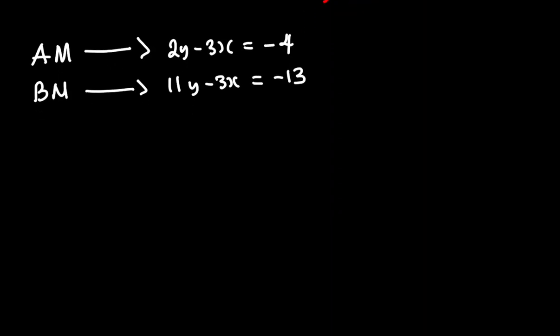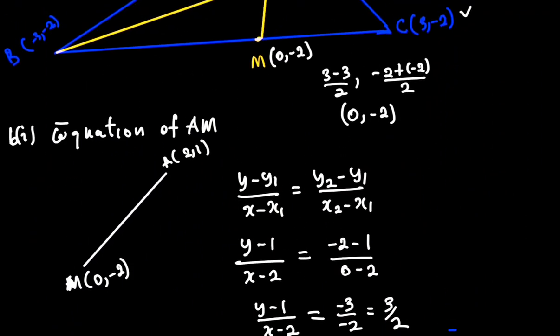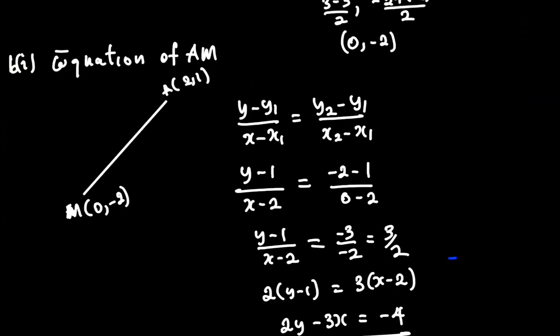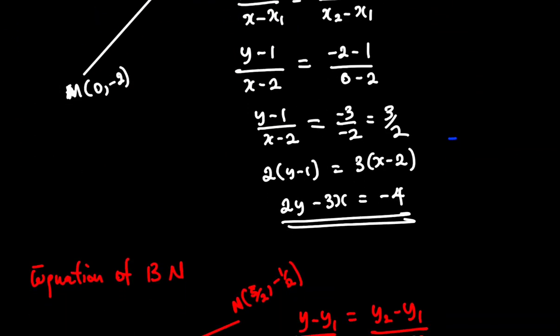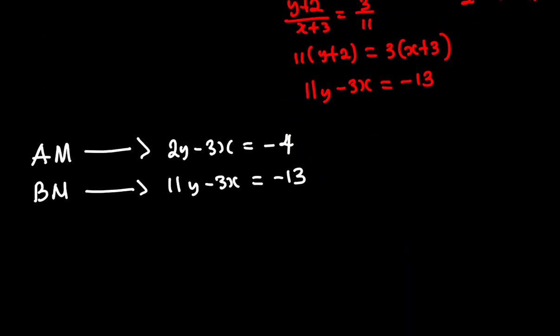Now, since we have this, let's move quickly to find the coordinate of the point of intersection of these two lines. Please take note, this is G, that is the point of intersection. Now, for you to find the coordinate of the point of intersection of two lines, please take note: we solve it simultaneously.